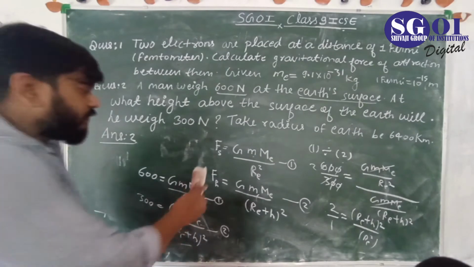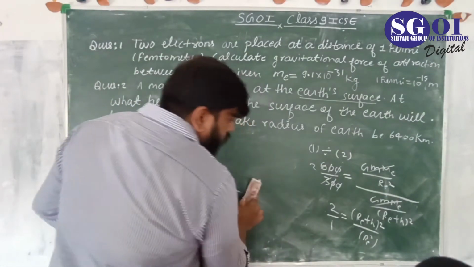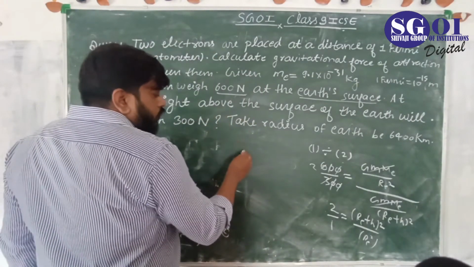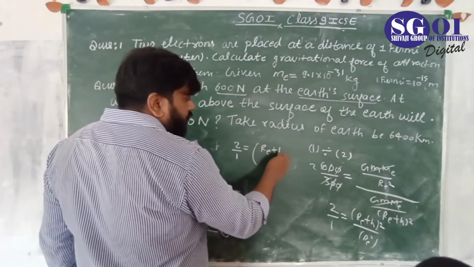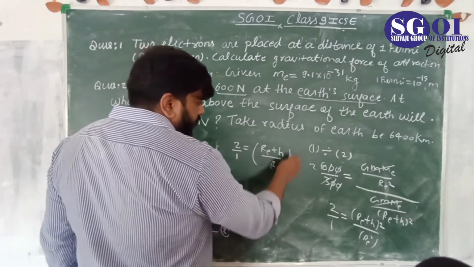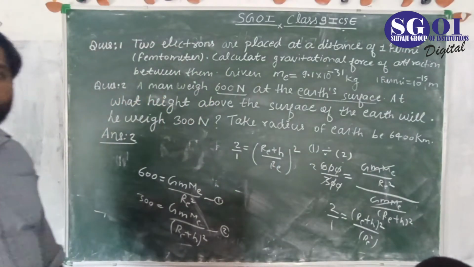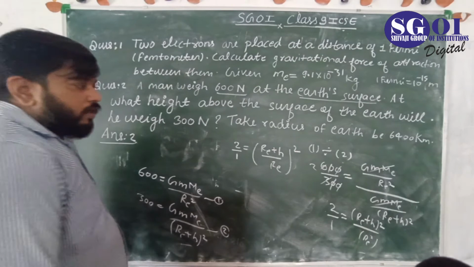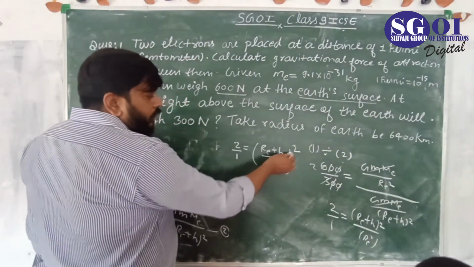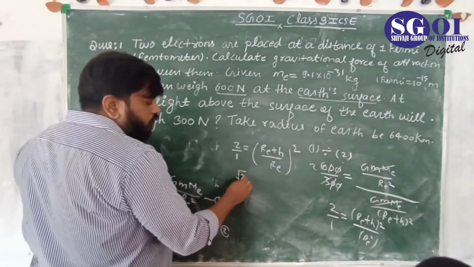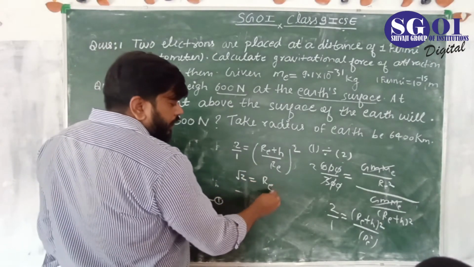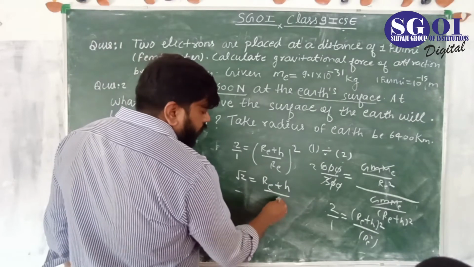So 2 by 1 equal to Re plus h upon Re, whole square. Now removing the square, root 2 equal to Re plus h upon Re.